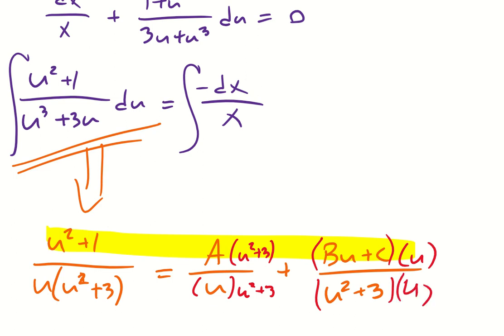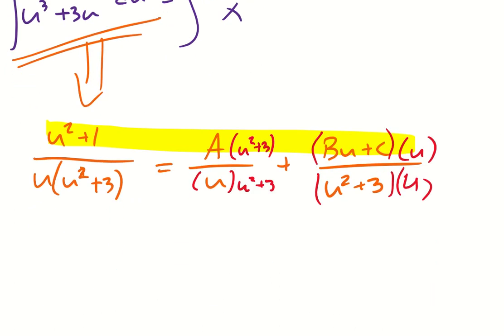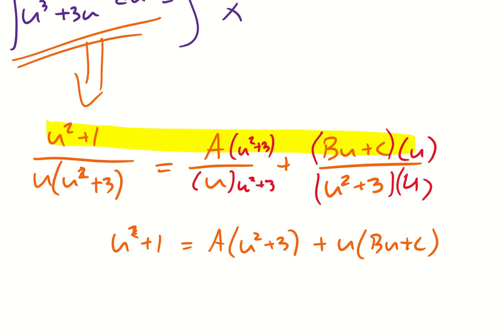So we have u squared plus 1 is equal to A times the quantity (u squared plus 3) plus u times the quantity (Bu plus C). Now we're going to have to solve for A, B, and C. Let's pick strategic u values to help us out.